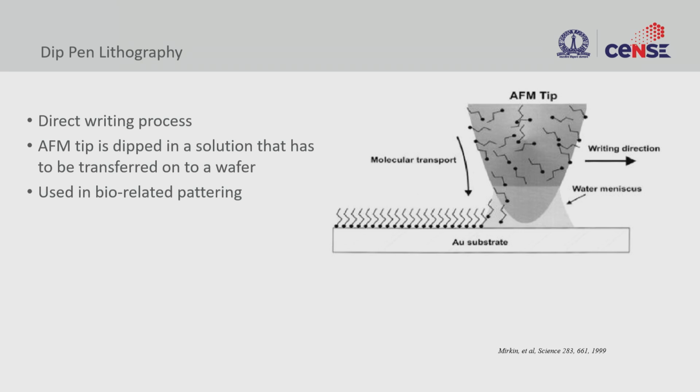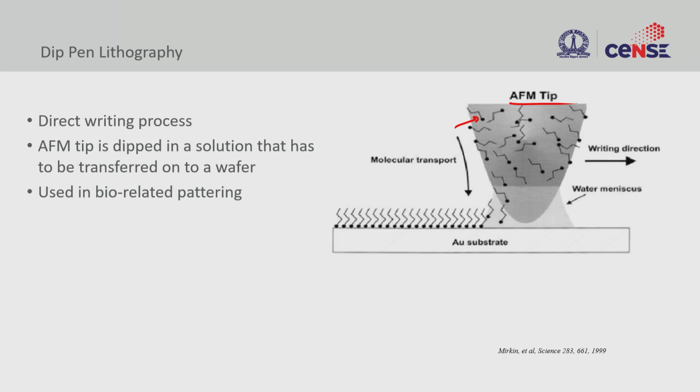But if you want to align a few of these molecules in a certain fashion, you need this dip pen lithography, where you take an AFM tip and then first you coat it with the molecule that you want.